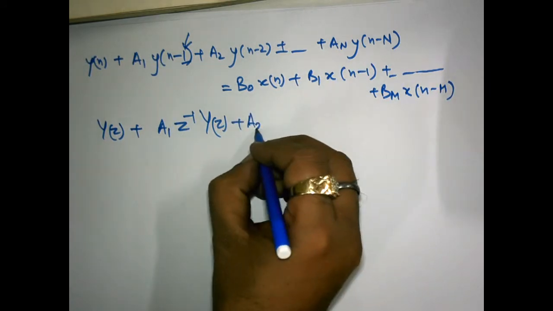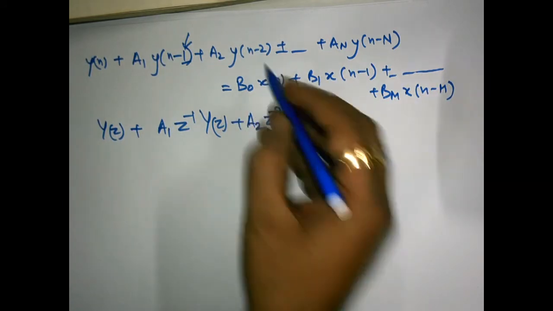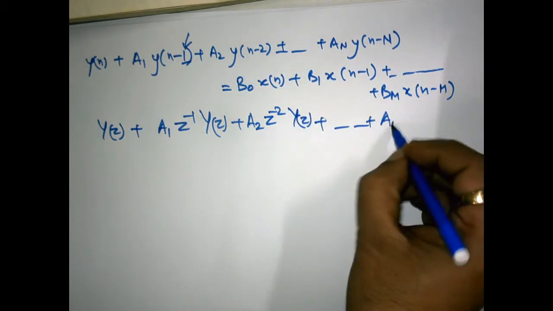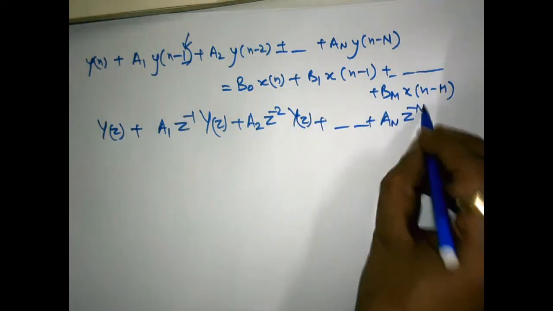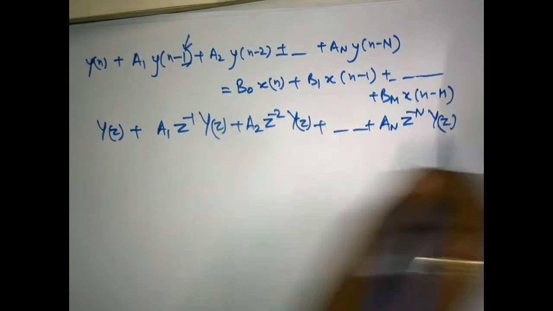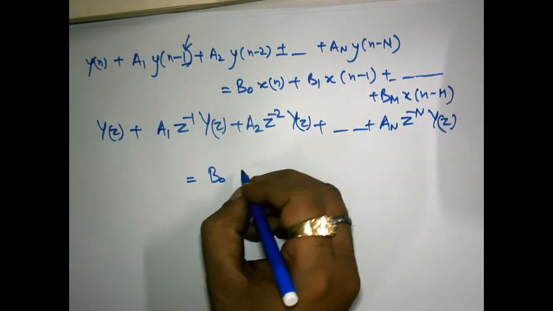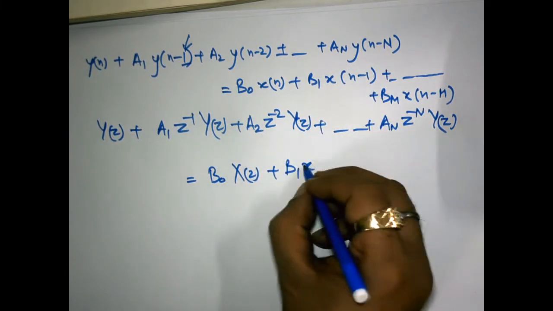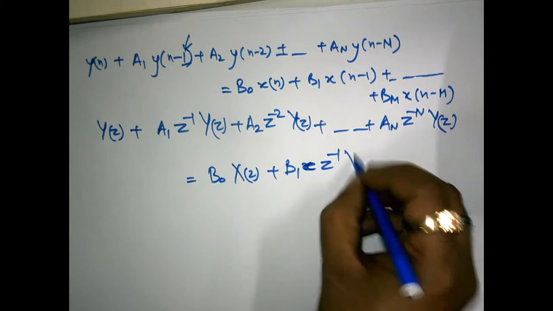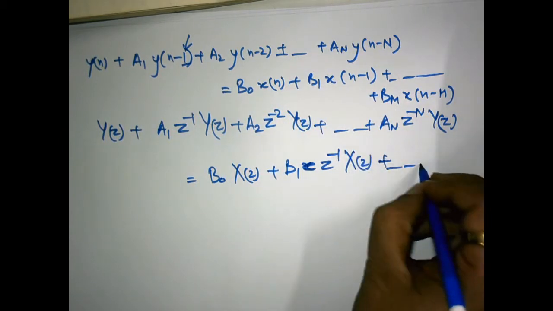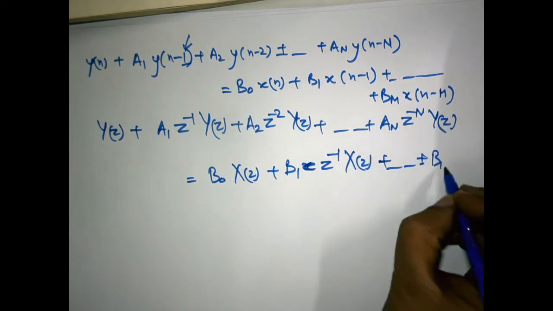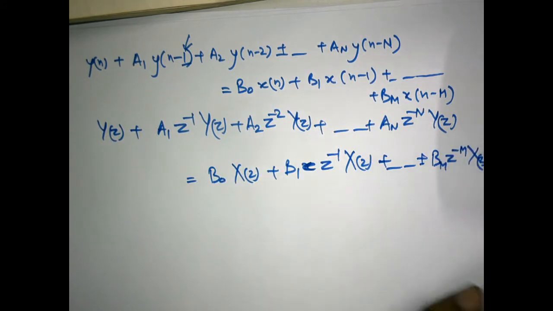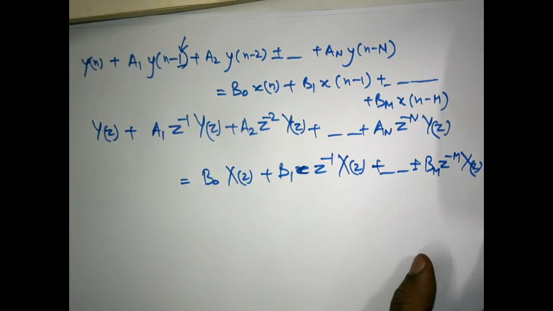Then a2 z to the power minus 2 Y(z), going this way up to aN z to the power minus N Y(z), equals b0 X(z) plus b1 z to the power minus 1 X(z), going this way up to bM z to the power minus M X(z). This way we can write down the expression.